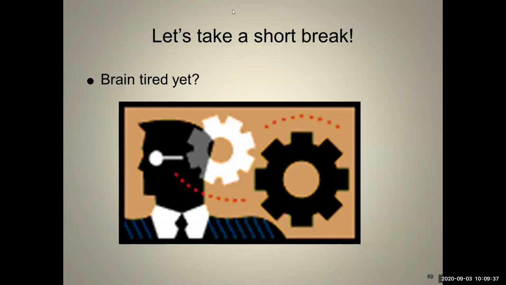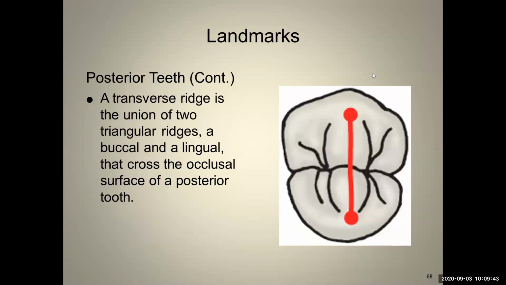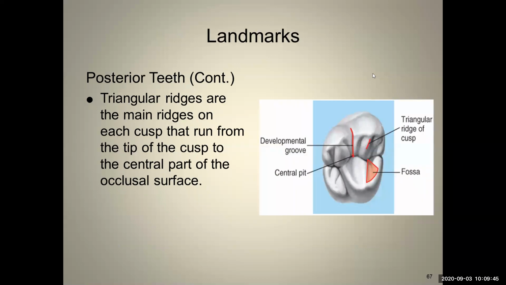Miss D, I have a quick question too. Going back a few slides, you were talking about the triangular ridges, I think, and you talked about them as the mesial. Did you mean the mesial within the tooth? Within the tooth. This ridge is a mountain ridge, this cusp tip here. So this is the mesiobuccal cusp.